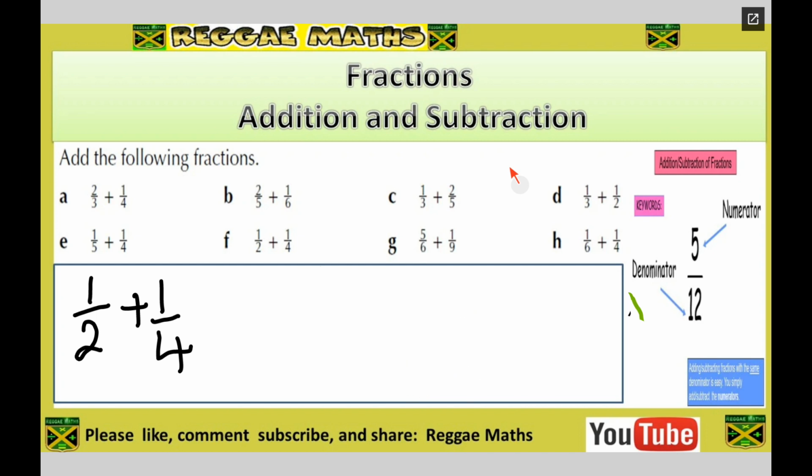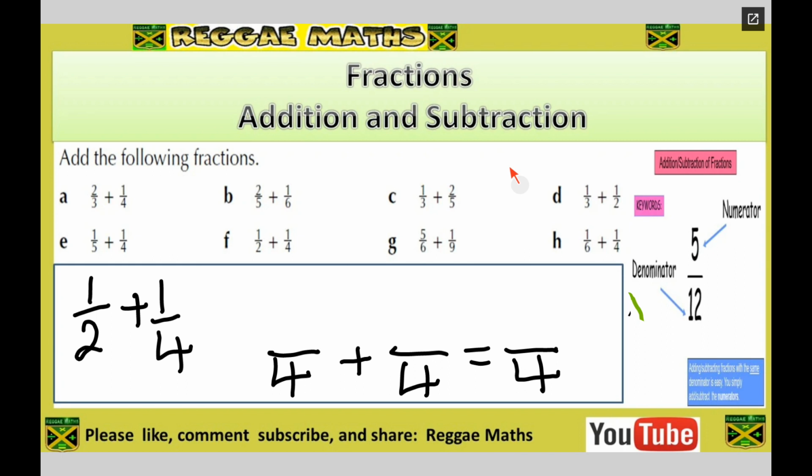Now I've established it is 4, so 4 plus 4, and I'll write the denominator as 4. Remember the key thing here: you must have the denominators the same.